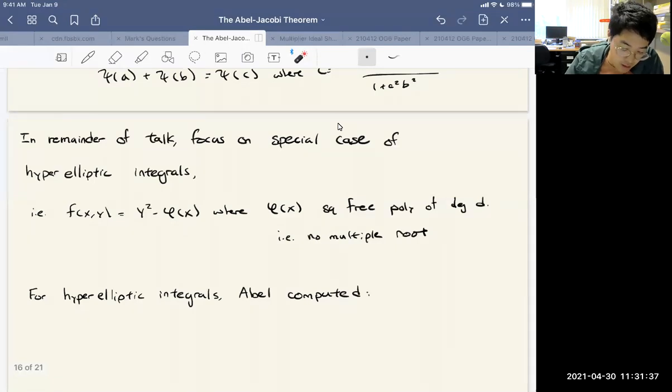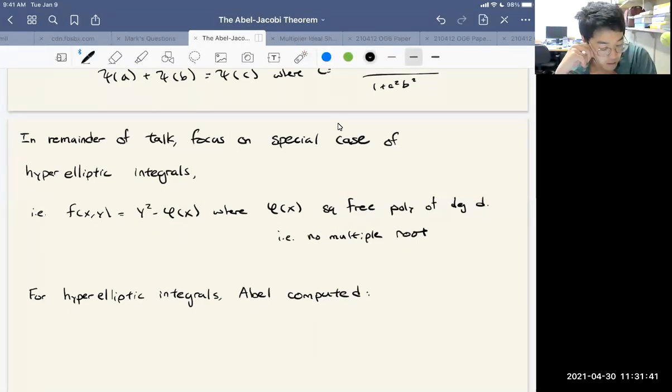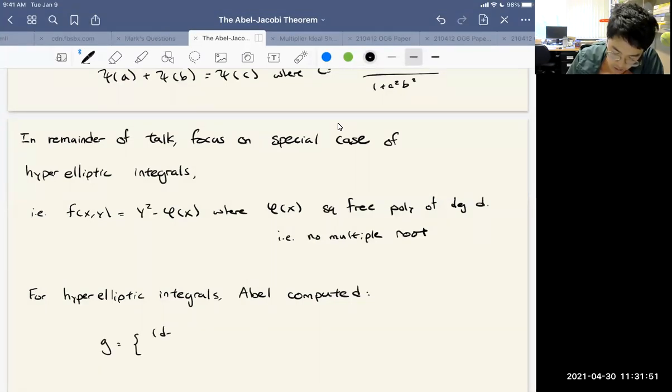So for these hyperelliptic integrals, Abel computed that g, this number, is equal to (d minus 1) over 2, where again d is the degree of the square-free polynomial, when d is odd, and it's equal to (d minus 2) over 2 when d is even.